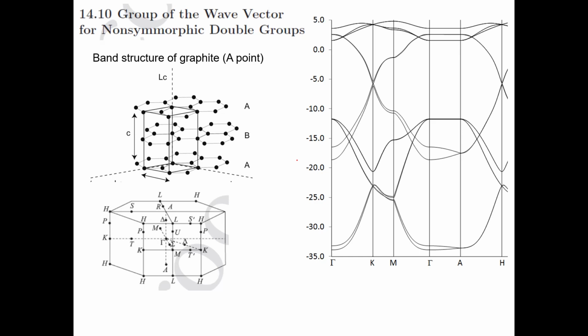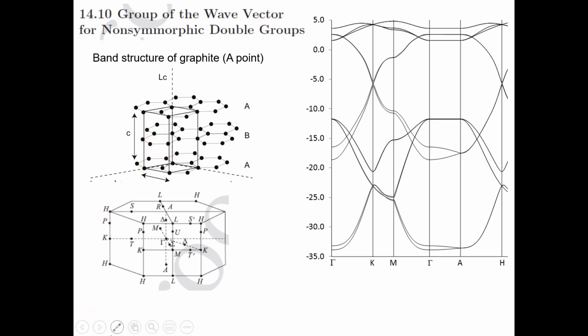Okay, now we are going to discuss another possible case, which is the A point in graphite. So this is the crystal structure of graphite, as it is a stacking of graphene planes, but they are arranged in AB stacking, meaning that this is the full unit cell, and each unit cell has actually two planes, and there are non-symmorphic operations that require a translation by C/2, right?